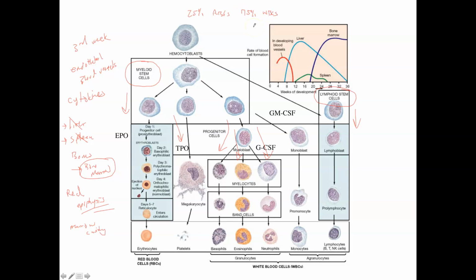And that's interesting because there's actually a lot more red blood cells within your blood than there are white blood cells. But white blood cells have a much shorter half-life. Okay? So if we look at the life expectancy, white blood cells have a half-life that is much shorter than the half-life of red blood cells. And so therefore we're constantly producing and replacing more of our white blood cells.